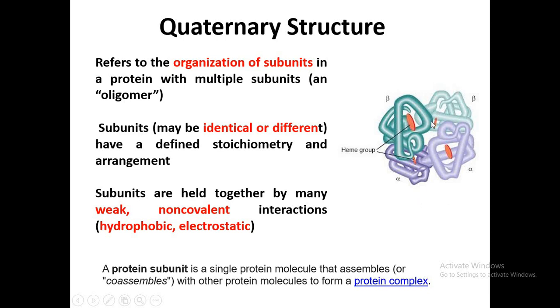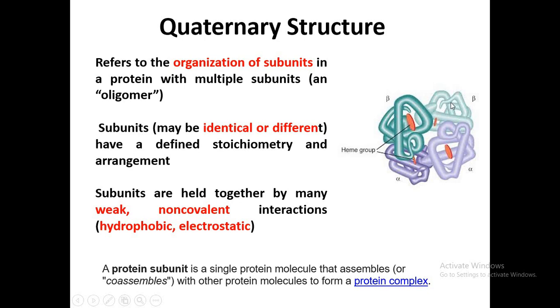Here we are seeing an example of a blood protein, hemoglobin, and it has 4 different subunits. We can see the 4 different subunits depicted in different colors, so each color is showing a separate subunit.